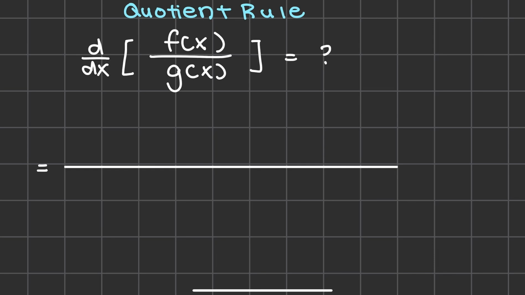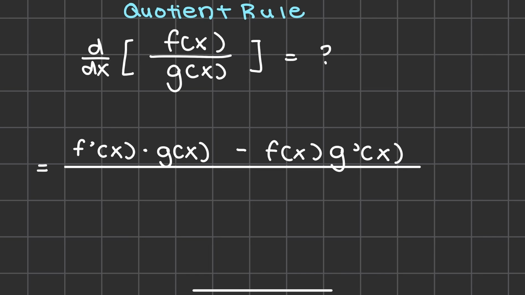And as you can see, I'm drawing a big line because there is a large numerator and a pretty large denominator. So it starts off with f prime of x multiplied by g of x, not being derived, crucial to notice, subtracted by f of x, not derived, and g prime of x.